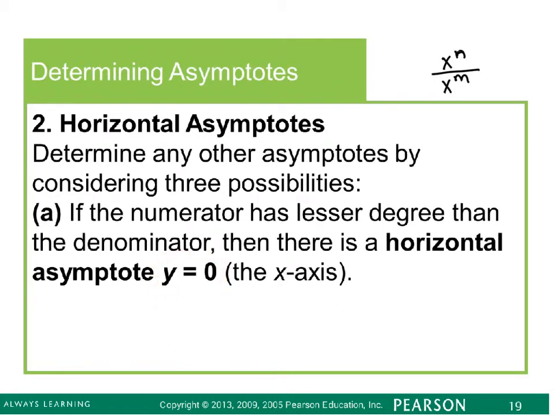What I mean by that is, if the power n on my leading term has a lesser degree than the denominator, say this is 2 and this is 3, then that's lesser degree, and your horizontal asymptote is always going to be at y equals 0.